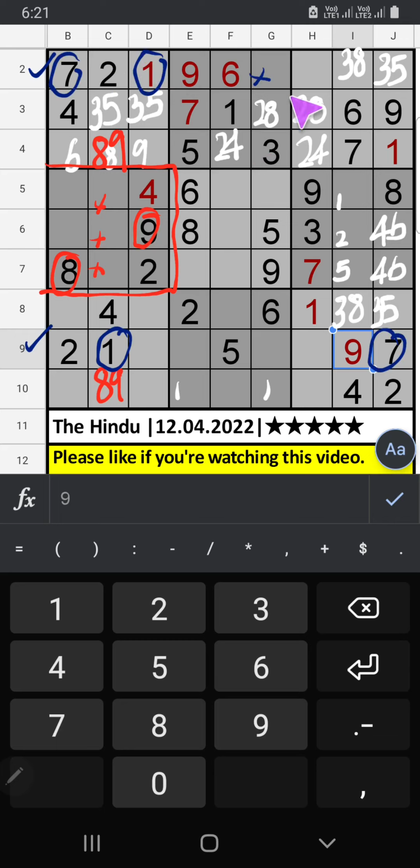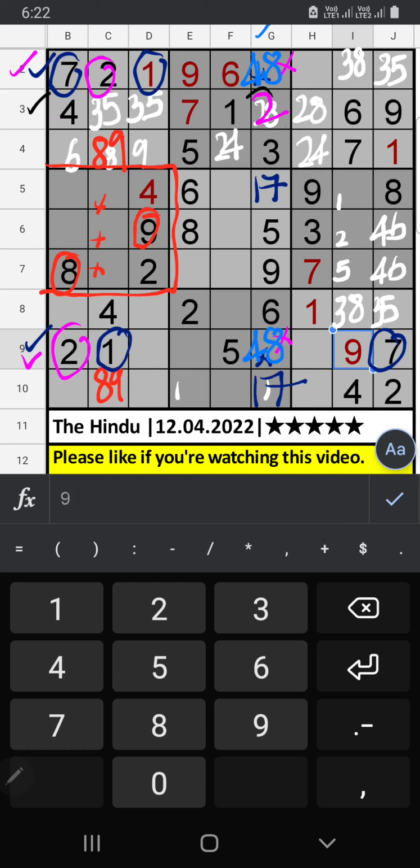So 1 and 7 can't come in these cells, it will come in any one of the two cells. We will confirm later. Second row and ninth row we have 2. So 2 can't come in these cells, then 2 is confirmed here. Column G, 2 numbers are remaining, 4 and 8. It will come in any one of the cells. We will confirm later.